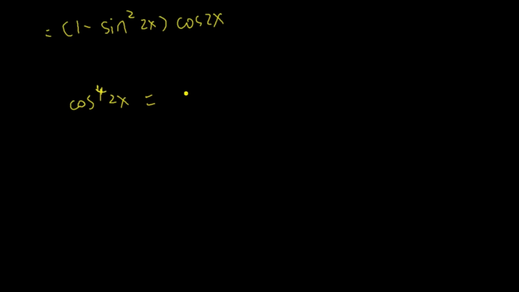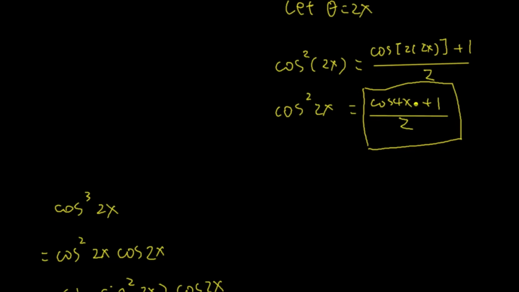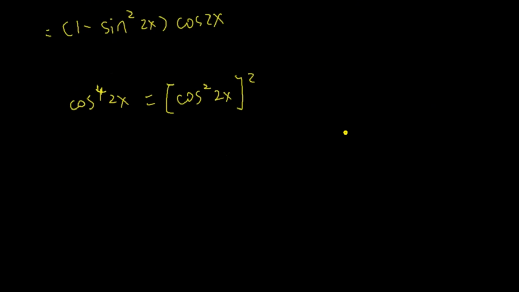So that's fine. How about cosine to the fourth 2x? That's the same as cosine squared 2x to the power of 2, so 2 times 2 is 4. And we did say that cosine squared 2x is equal to (cosine 4x plus 1) over 2. So that is equal to ((cosine 4x plus 1) over 2) squared.